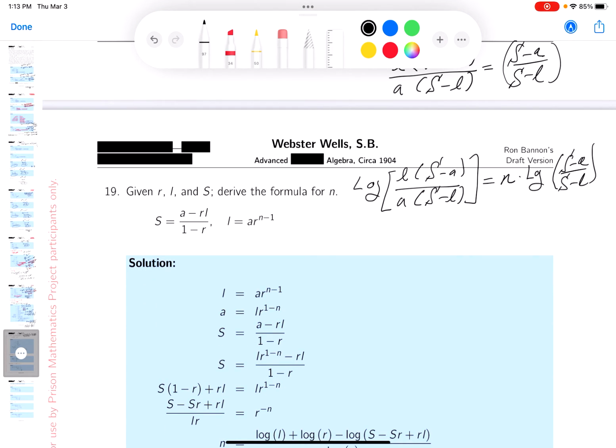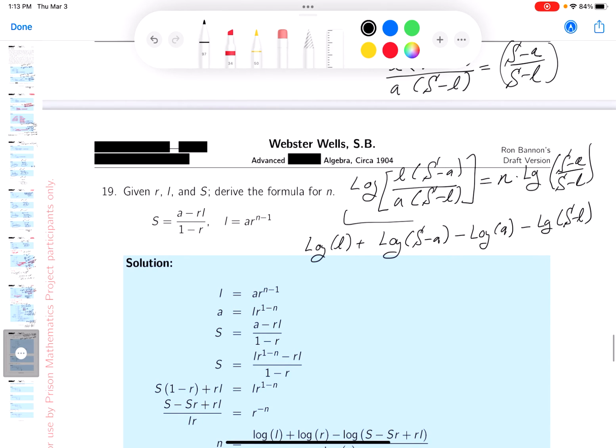I know that seems difficult, but before I do that, I want to kind of maybe simplify it a little bit. So what are you going to see on the left side? You're going to see log of L plus the log of S minus A minus, I'm just doing the left side, by the way, the log of A minus the log of S minus L. That's just this side over here.